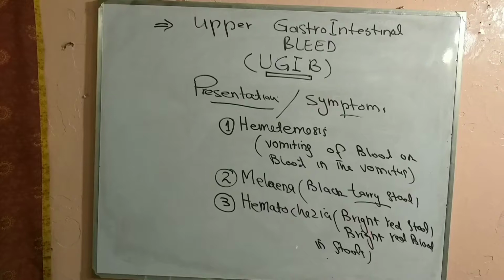Hemorrhoids will be a different thing. In the majority of the cases, it can have a source in the upper GIT bleed. So hematemesis, melena, and hematochezia are the cardinal symptoms of an upper GIT tract bleeding patient.